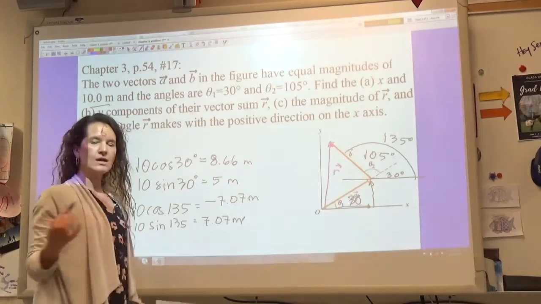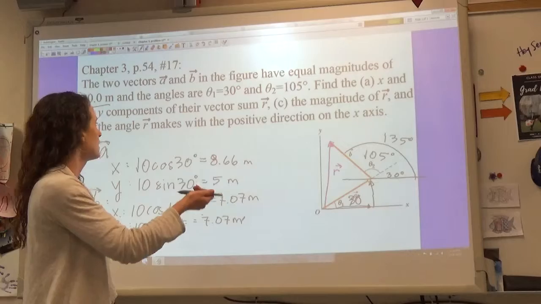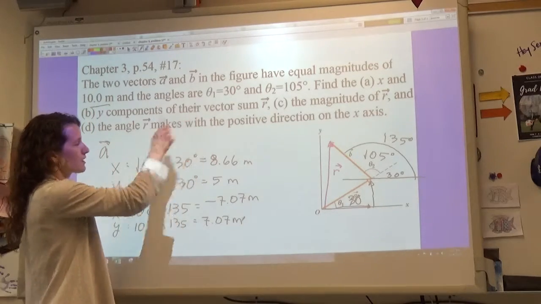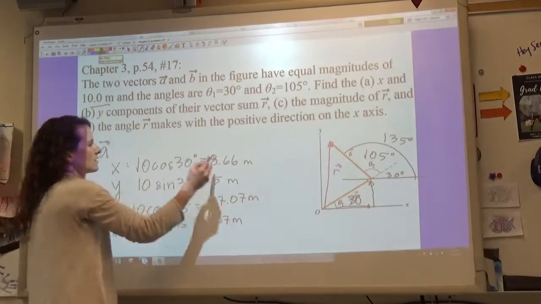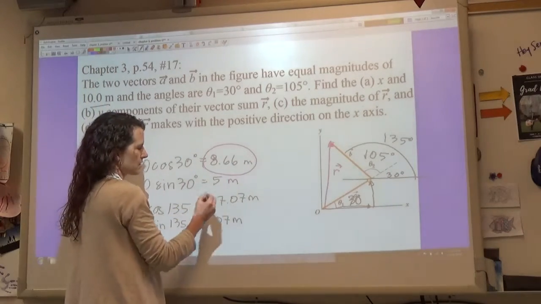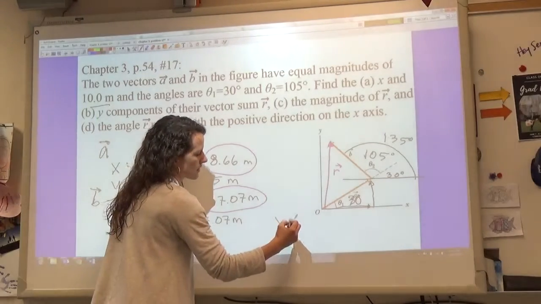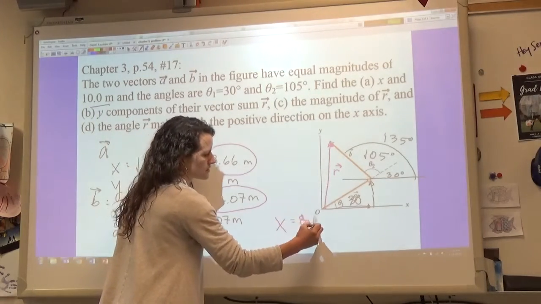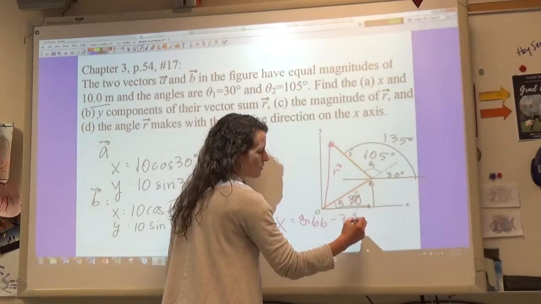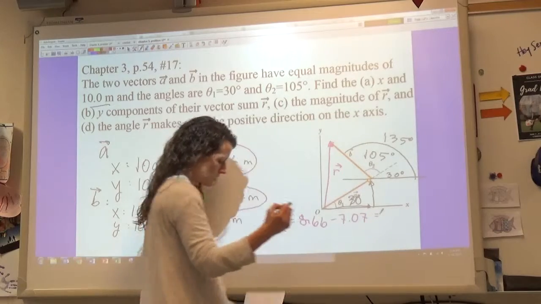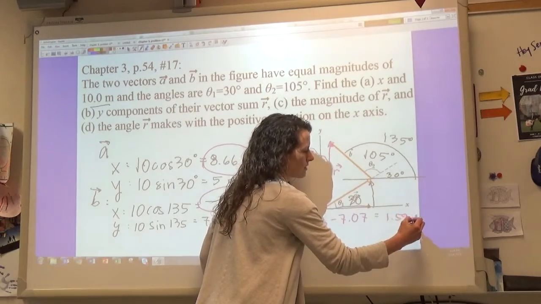And so now I've broken all of them down into the x and y components, and I want to figure out the x and y component together. So I'm going to take the x component here and combine it with the x component here. And so my x is going to end up being 8.66 minus 7.07, and that equals 1.59 meters.